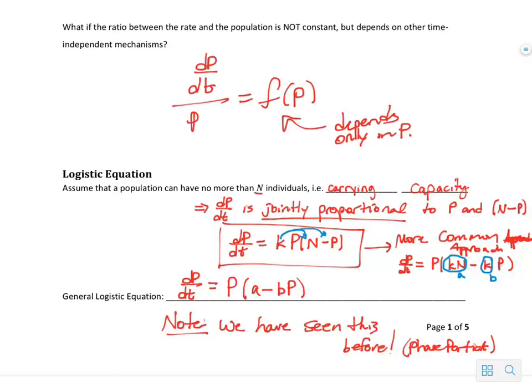So our kN, which is A, is positive, and B is positive. So we're going to assume A and B are positive, just like we did when we were constructing phase portraits for this particular autonomous differential equation.